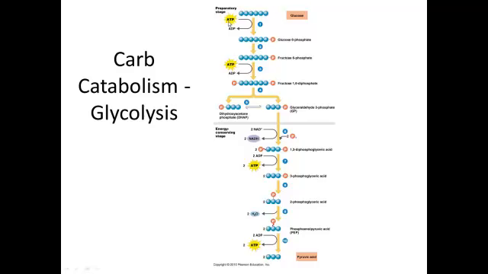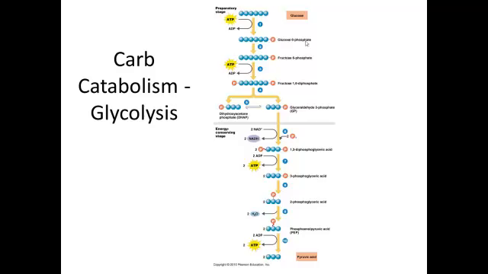Now the first thing we do is we take an ATP and we put one of the phosphates from the ATP onto the glucose. Remember, this is called substrate level phosphorylation. Now you're probably thinking, why in the world would we use up an ATP when we're trying to generate energy from this process? Well, like any good business, sometimes you have to spend money to make money, or in this case, you have to spend energy to make more energy in the end.